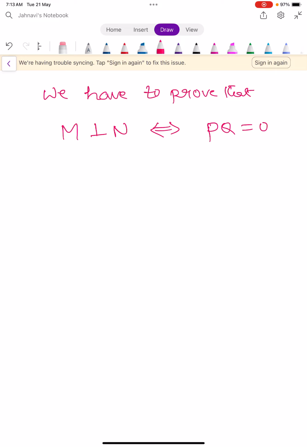Suppose M is perpendicular to N. Our aim is to show that PQ is equal to 0.